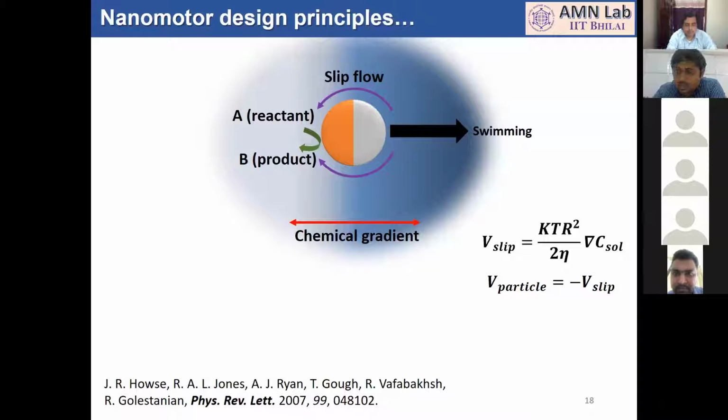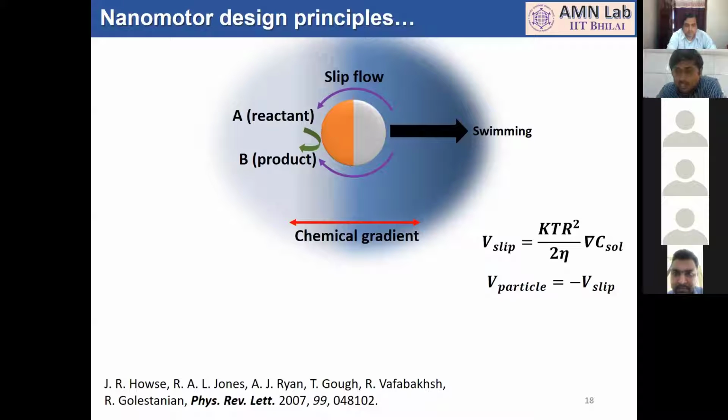You cannot turn it on and off, and you cannot change its speed. If we call something a motor, like electric motors, we always assume there must be a switch to turn it on and off, and we should also have control over the speed. This was the problem in the first generation.